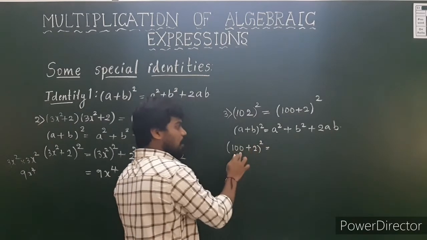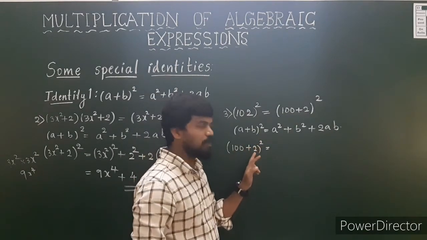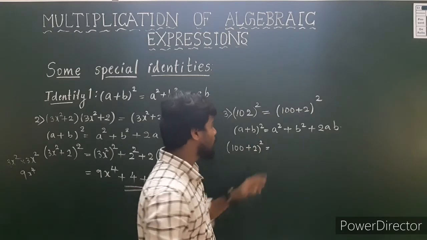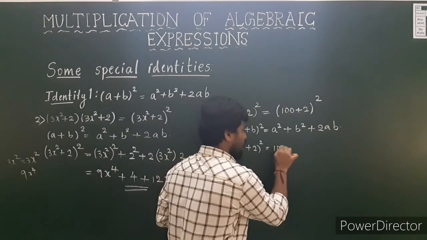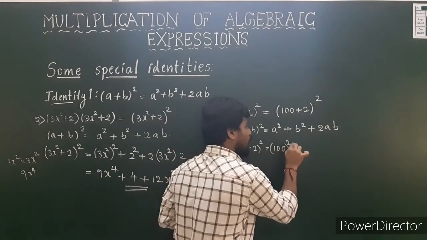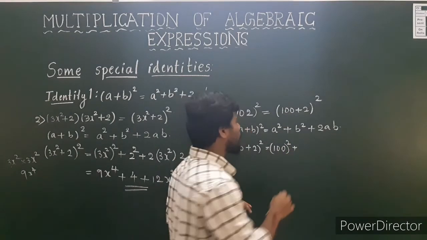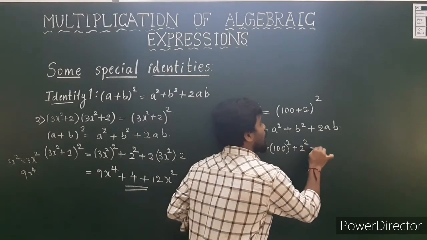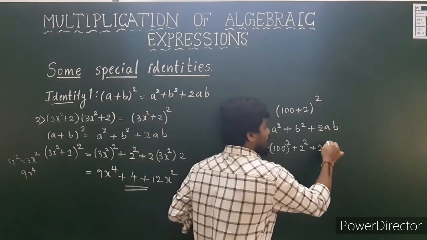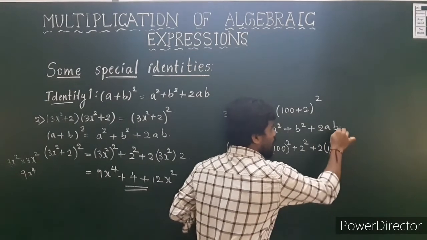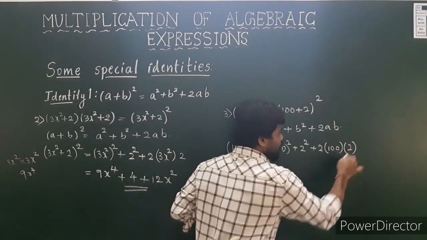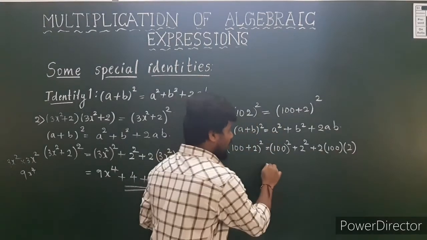In the place of a you have 100, in the place of b you have 2. So substitute: 100 square plus 2 square plus 2 into 100 into 2.